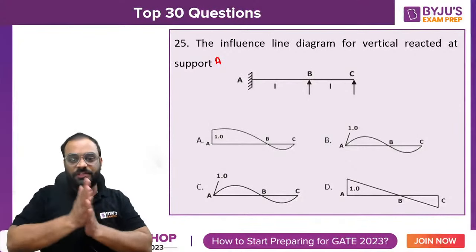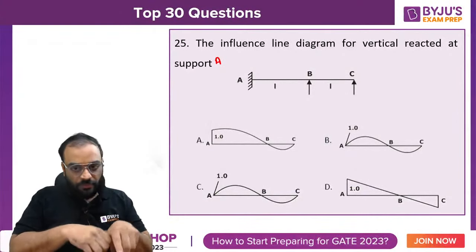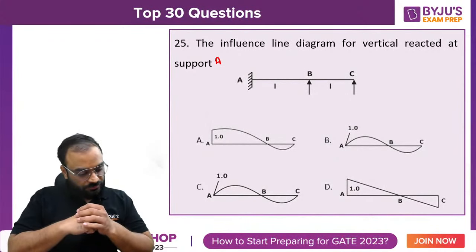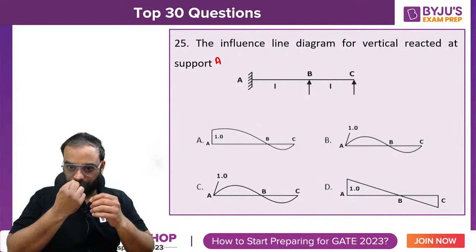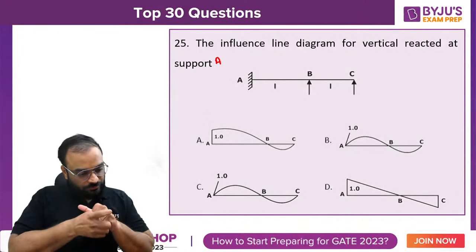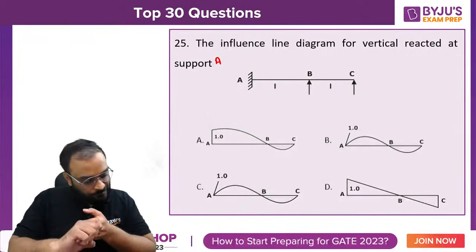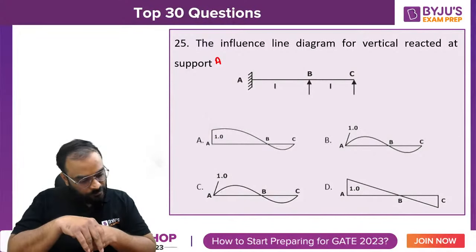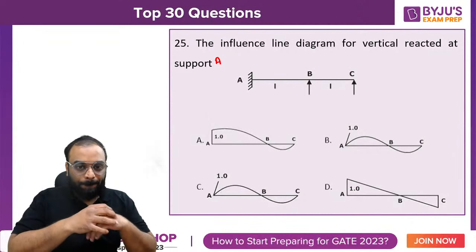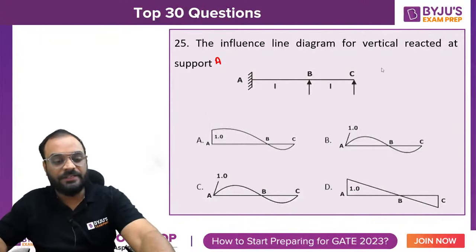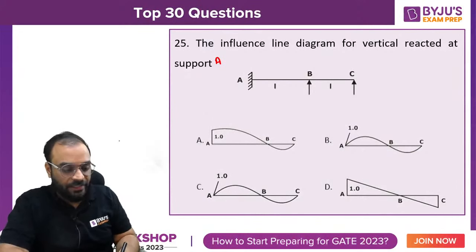The ILD for vertical support reaction at A. Yes, A is the correct answer.